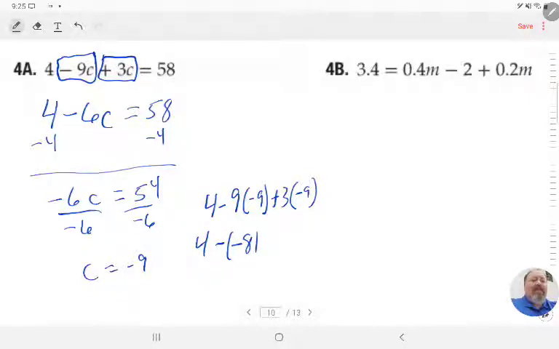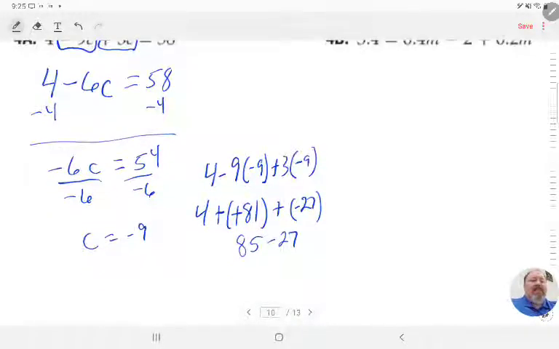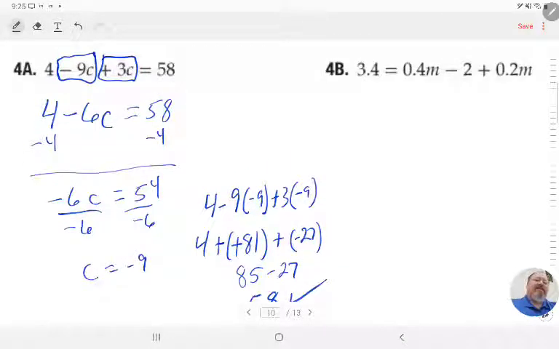And then I have plus 3 times a negative 9 would give me a negative 27. And then this would become keep, change. So that's 85 minus 27. And 85 minus 27 would be 58, which checks. Okay? You try 4B, come back and see how you did.